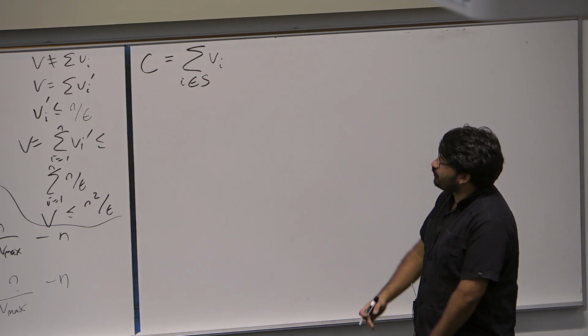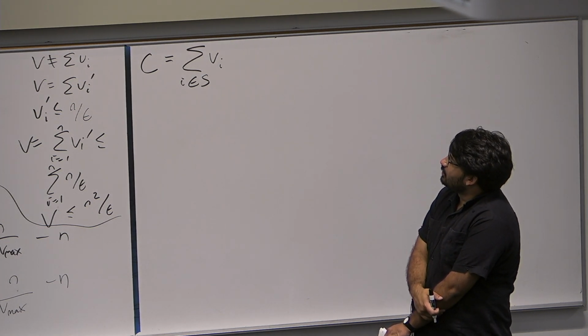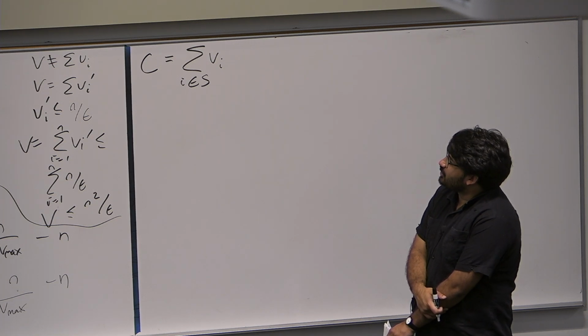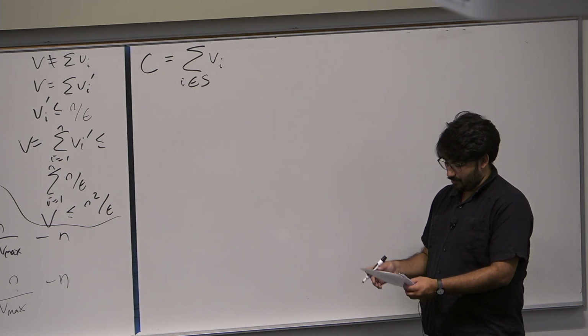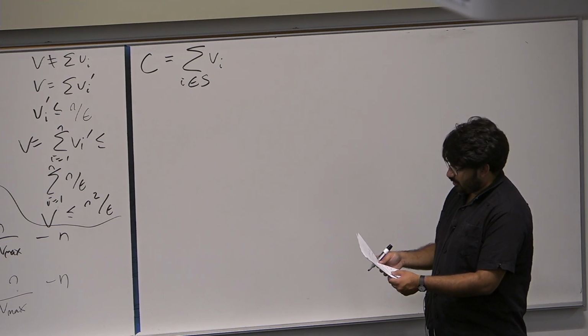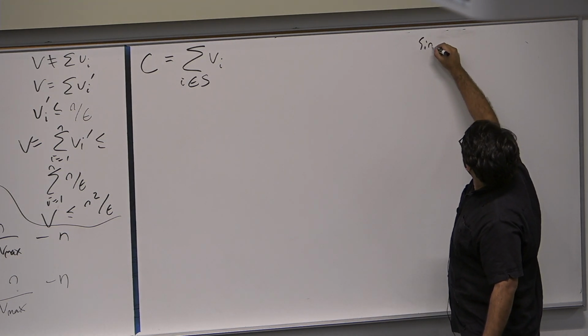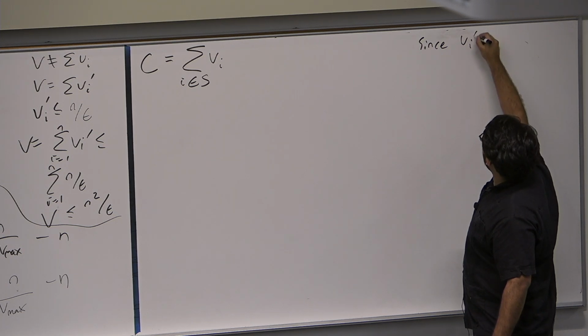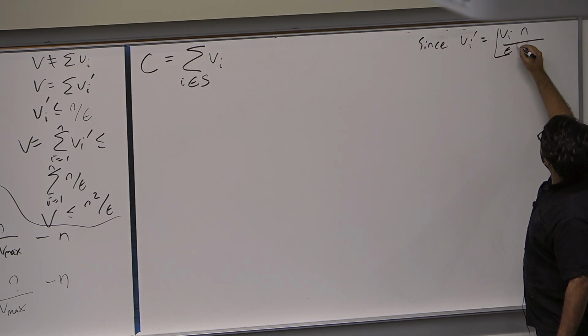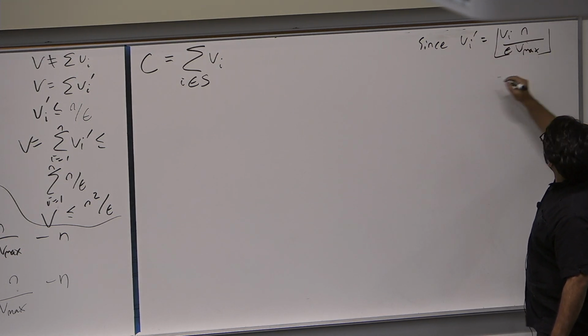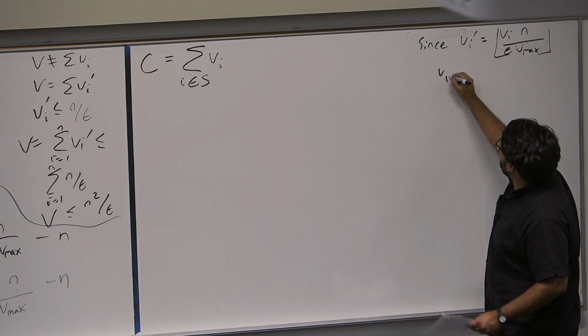And we know we can overestimate vi as a function of vi prime. So how can we get vi as a function of vi prime? Well, since vi prime is equal to the floor of vi n over epsilon v max, what do we know that vi must exceed?